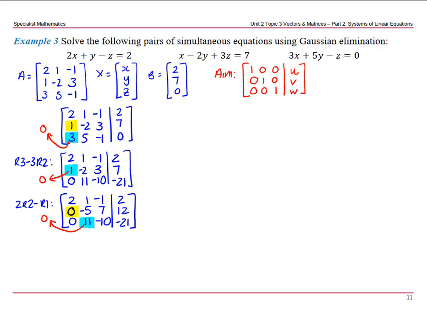So if I look at how to make this 11 into 0, I'm going to have to go 5 lots of row 3 plus 11 lots of row 2. Think about it. You have to times that 11 by 5, which will give it 55. And then I'm going to add 11 times -5, which is -55. So it's kind of like if you're thinking about cross multiplying.